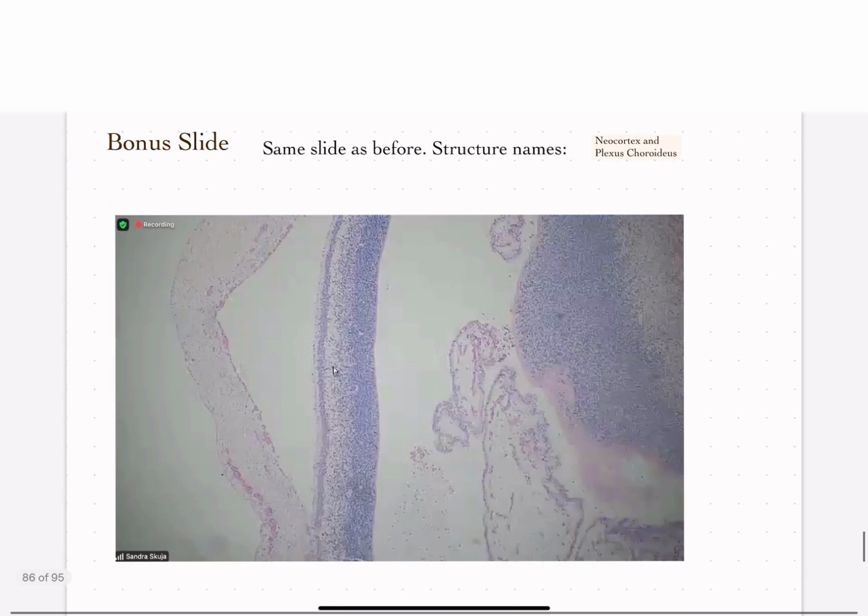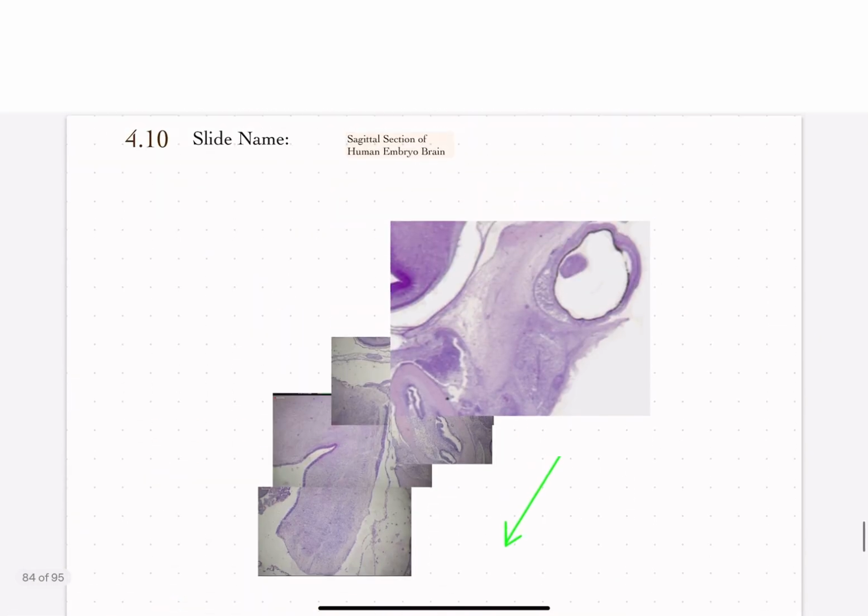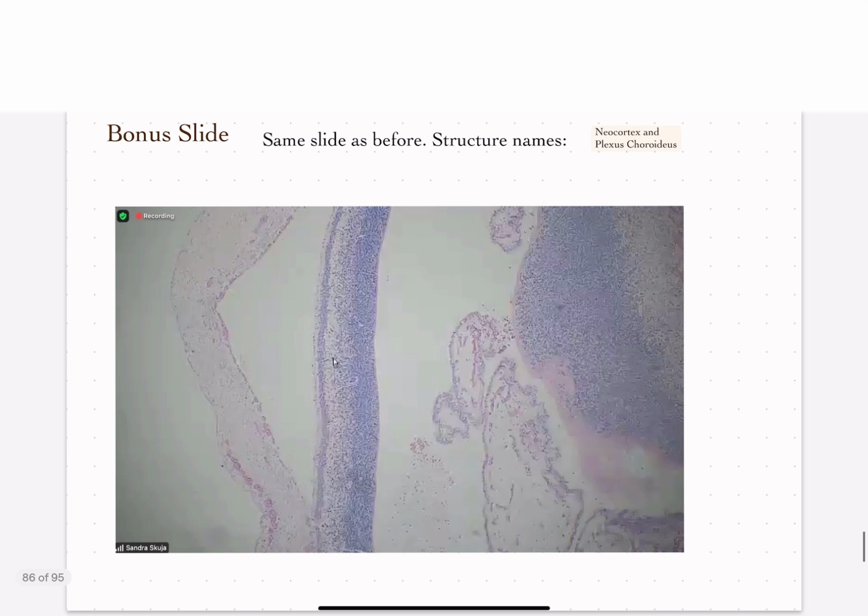Okay. And then finally, for the bonus slide, we're in the same area as we were here, but I wanted to bring up the neocortex as well as the plexus choroideus, because those are still important structures for this colloq, and we kind of missed out. Another important structure is the chondrocranium, which we didn't go through.